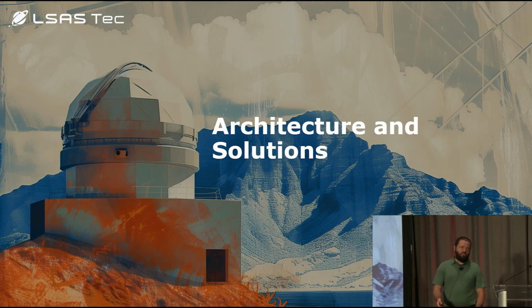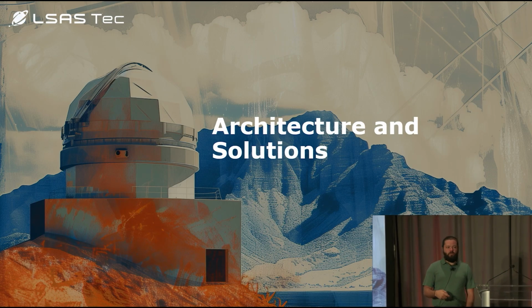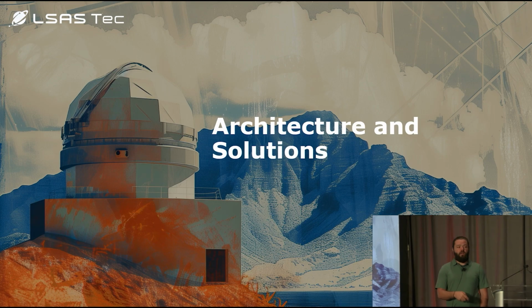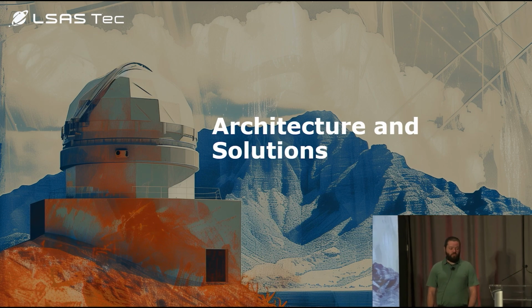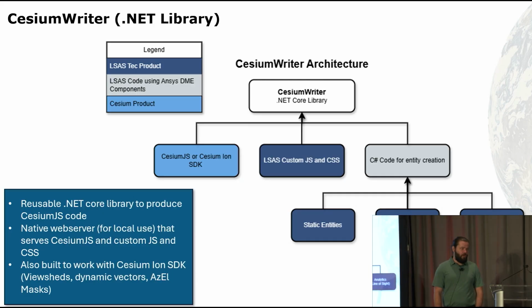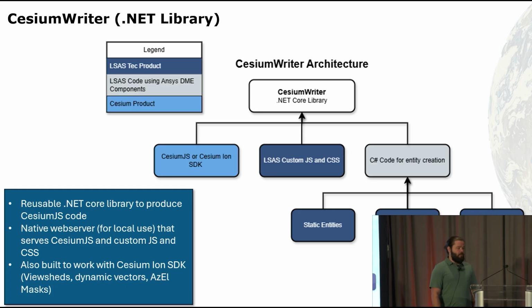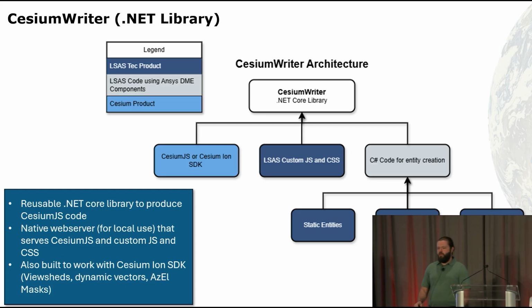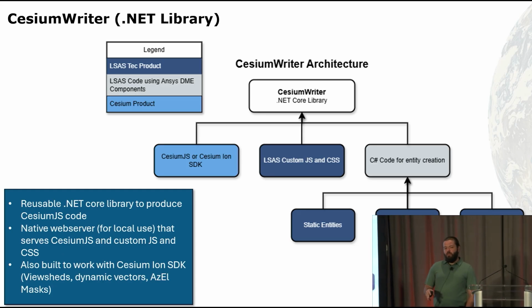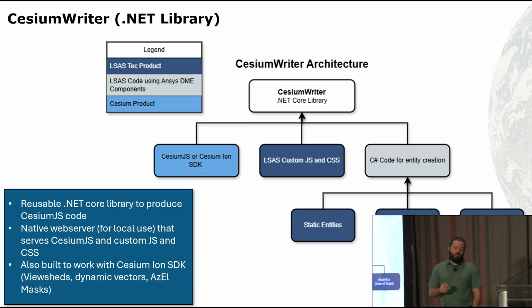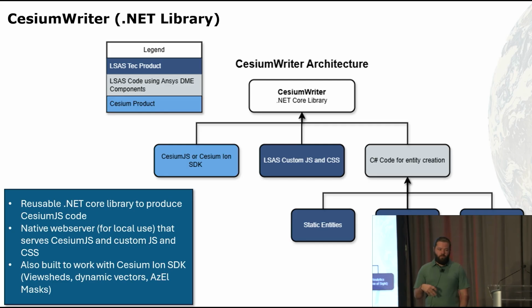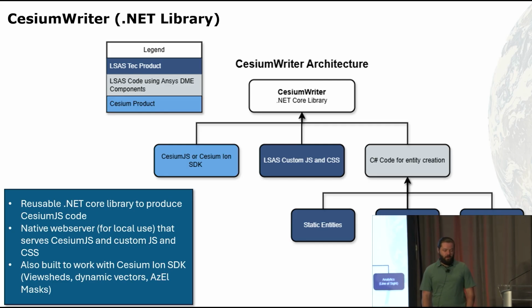So now we're going to talk a little bit about the architecture around the solutions we've come up with to help bring this visualization to the community. One thing that the LSAS team's been working on is creating some tools that can be utilized to write out this data easily. So we've created a .NET library that we're maintaining right now called Cesium Writer.